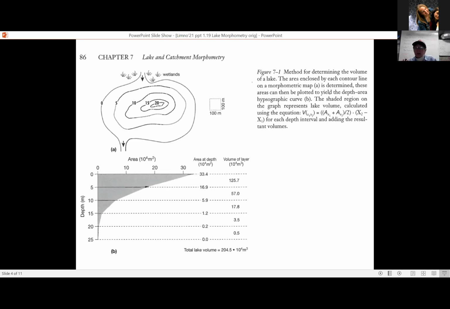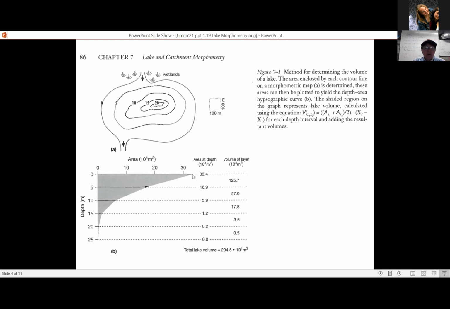We are not going to calculate hypsographic curves, but I described it earlier. The hypsographic curve is like this. And this is showing how much of the lake is at each depth, right?